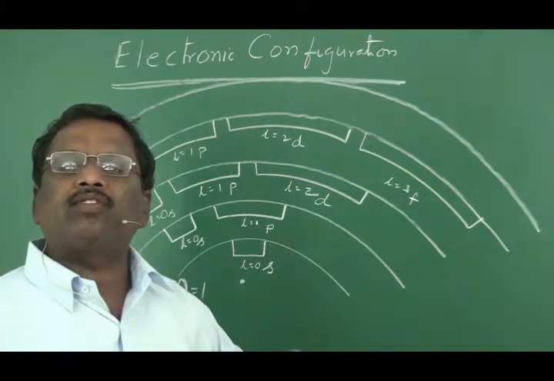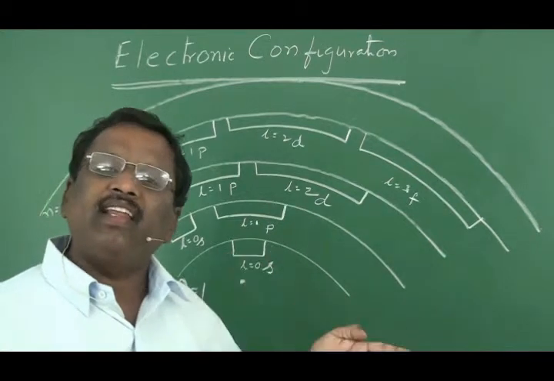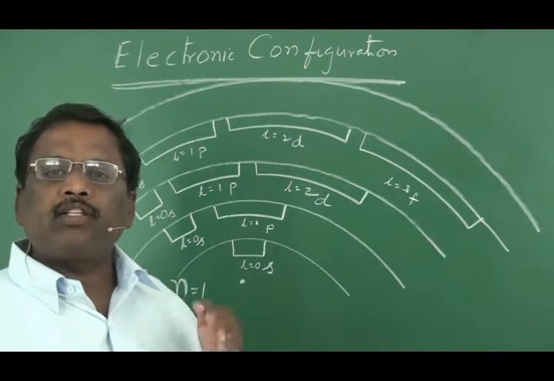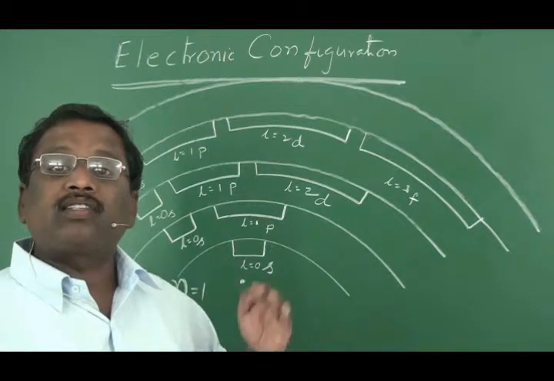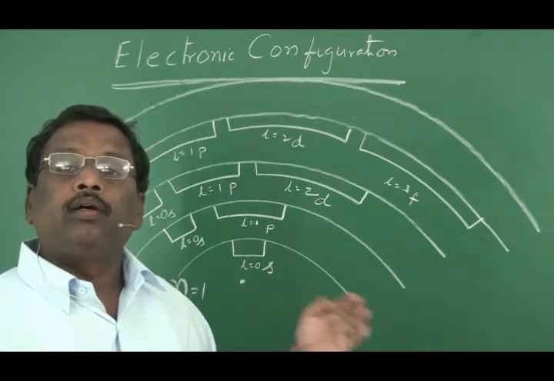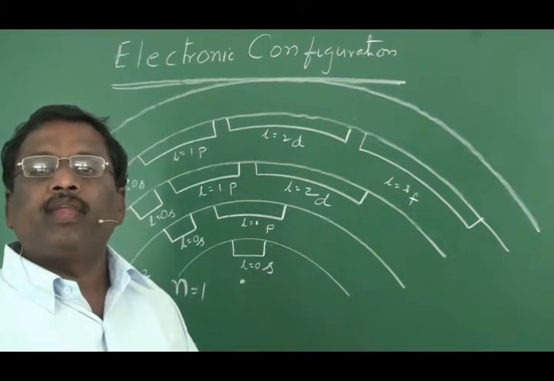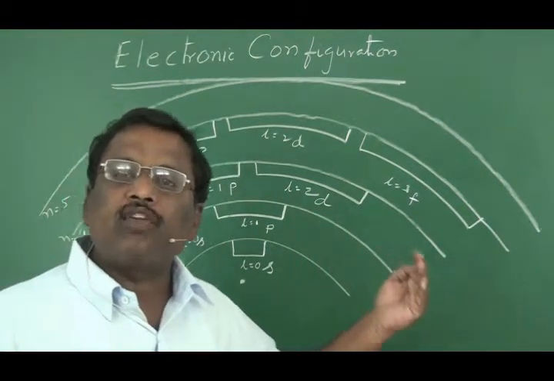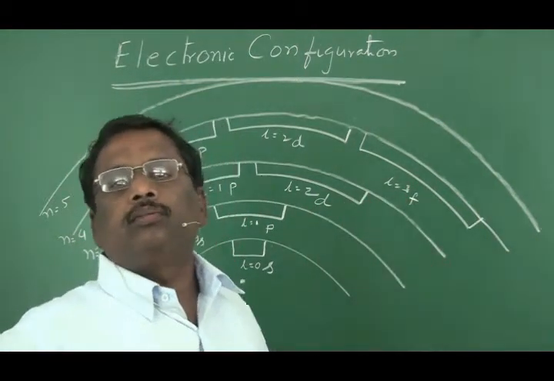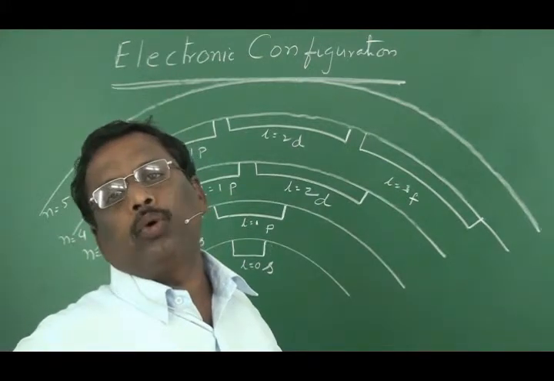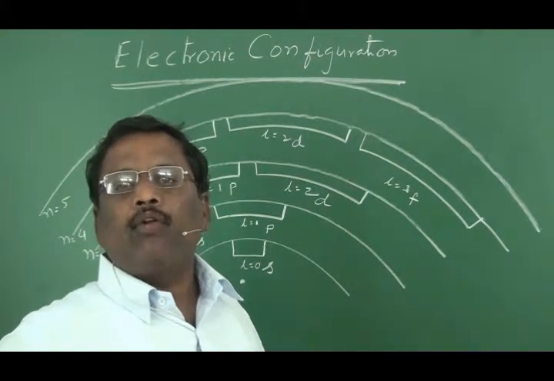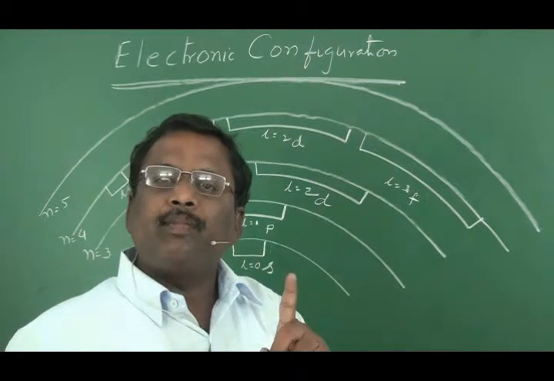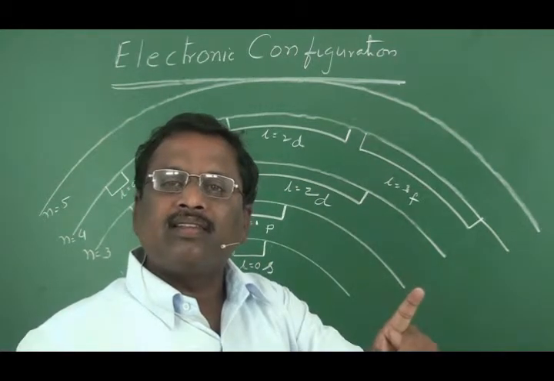That's why l equal to 1 starts from the second energy level. l equal to 2, that is d, starts from the third energy level. l equal to 3, that is the f sub-energy level, starts from the fourth main energy level, and so on.